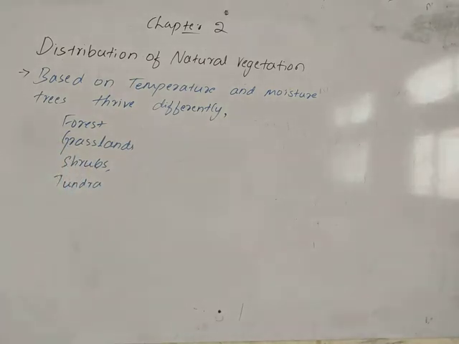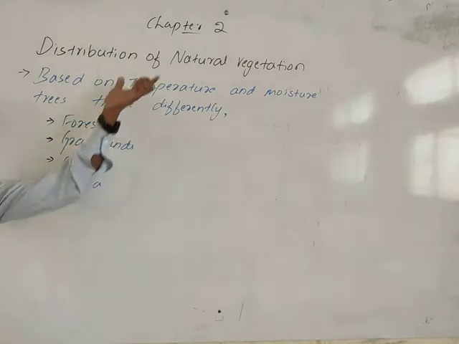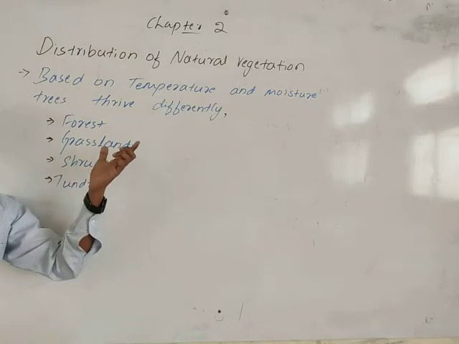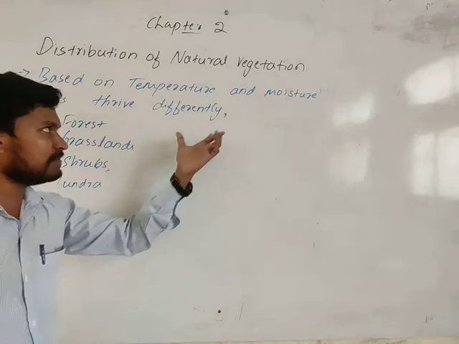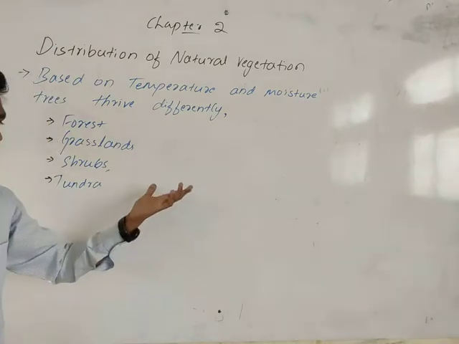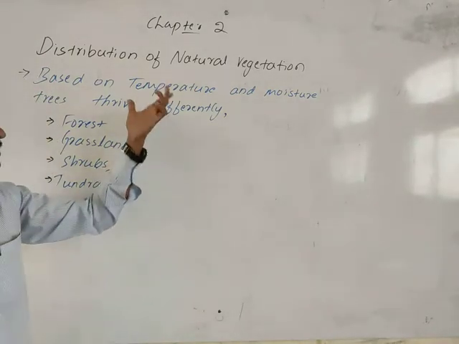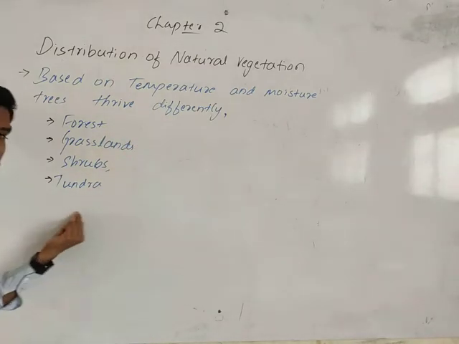These are the 4 divisions, the different types of natural vegetation we can find on the earth's surface. Vegetation is a group of plants. Natural vegetation is the group of plants which grows naturally, without the interference of human beings.